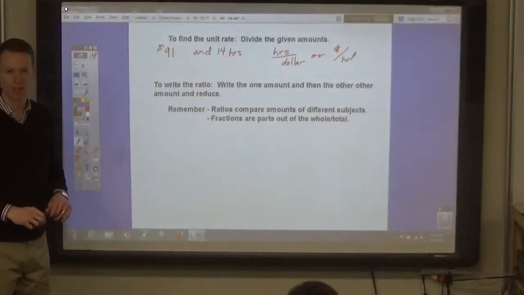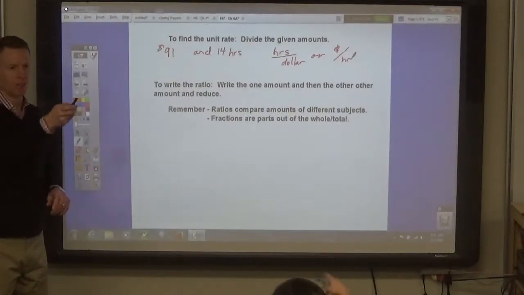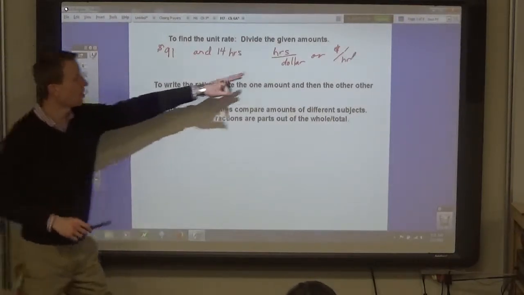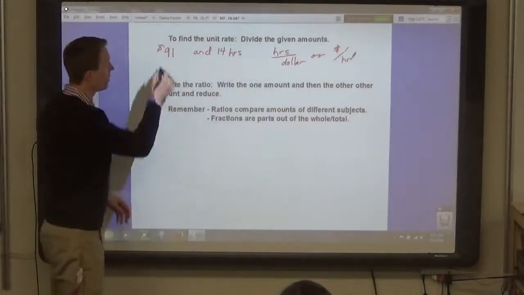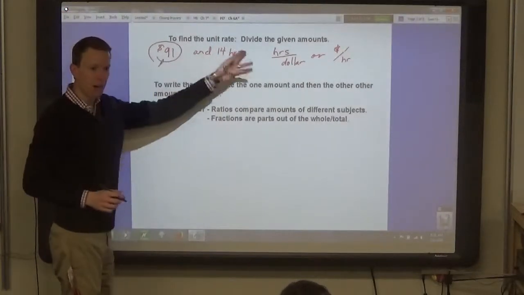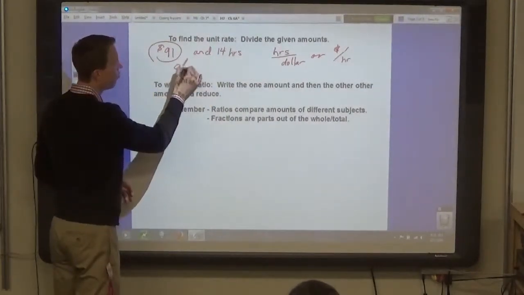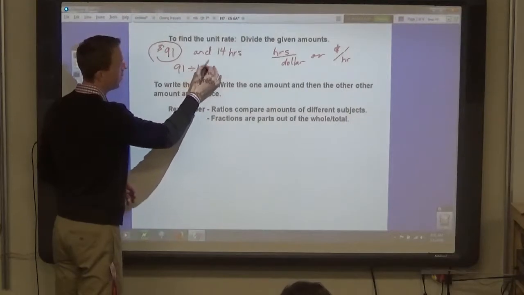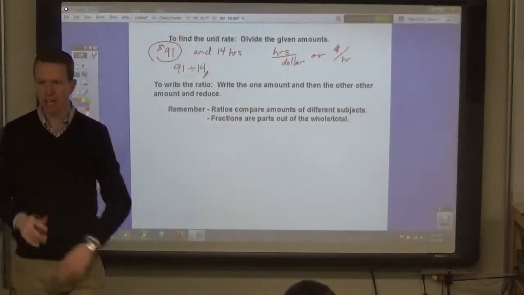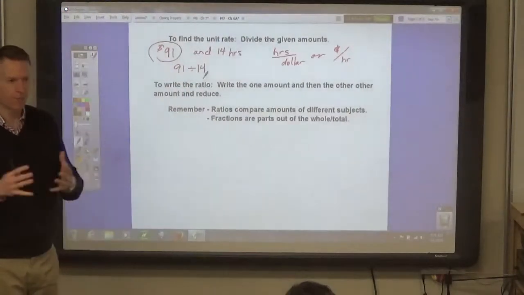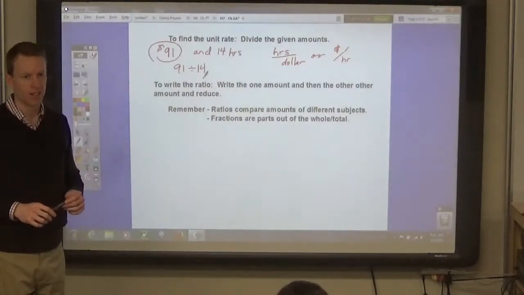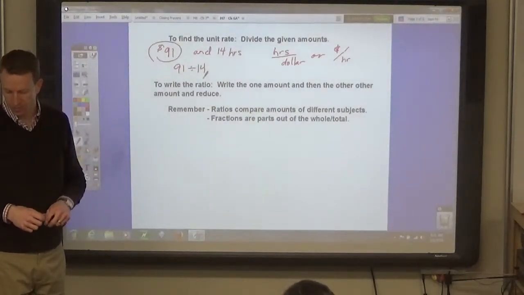Which one would make more sense? Dollars per hour, right. So the dollars, you're going to divide by the number of hours. 91 divided by 14, rather than 14 divided by 91. That gives you different information, doesn't it? Okay?